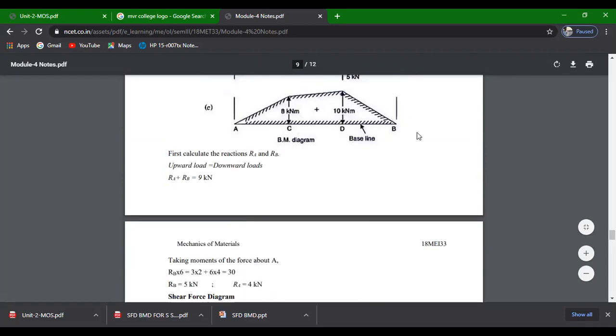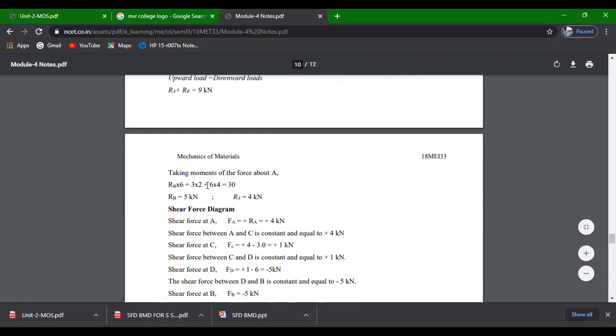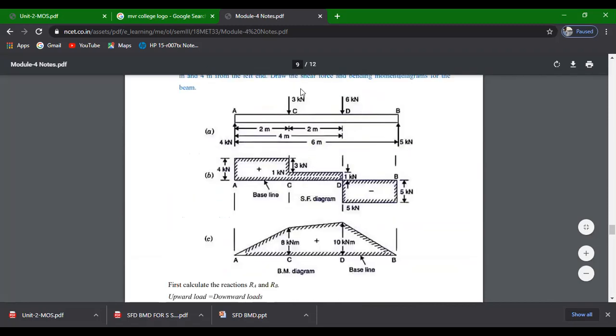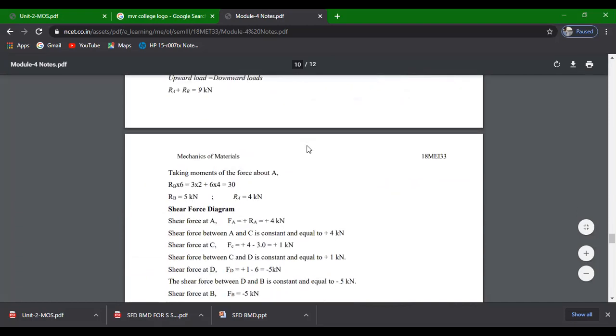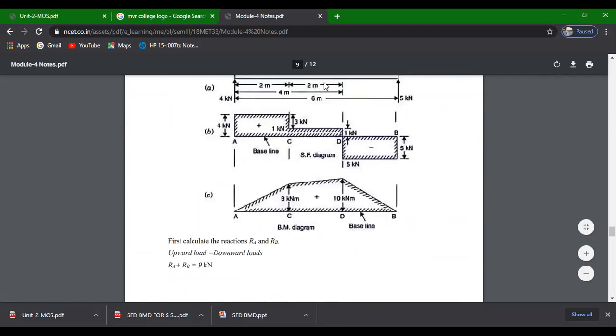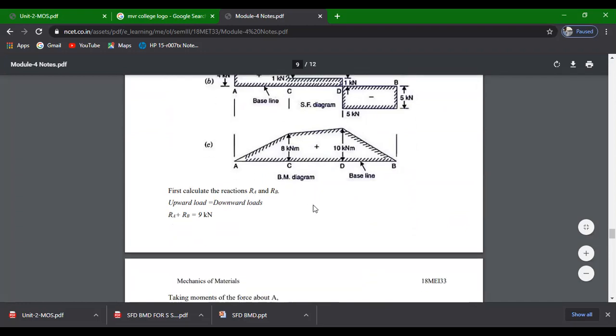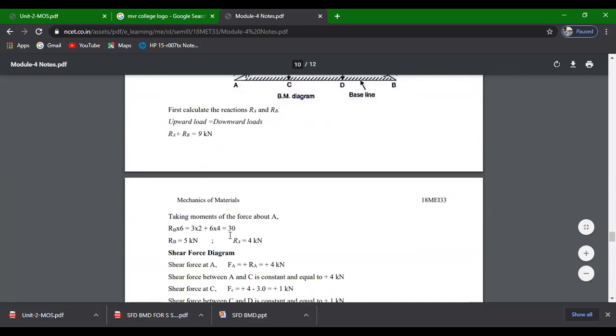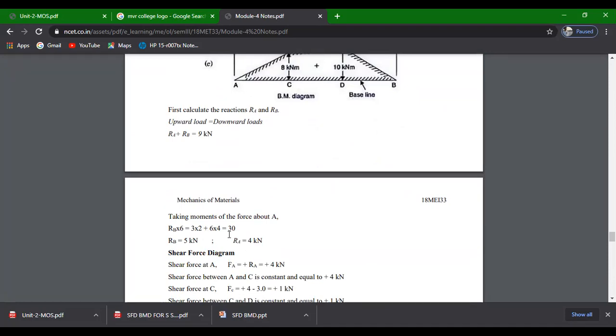RB into 6, and the next one is 3 into 2. 3 into 2 is nothing but the force of 3 multiplied by 2, and 6 is multiplied by 5, is multiplied by the 4 2. The total displacement will be 4 meters. So by summation of all the forces, RB is equal to 5 kilonewtons, RA is equal to 4 kilonewtons.